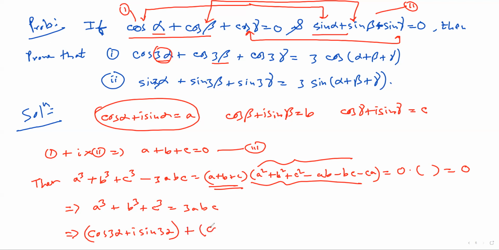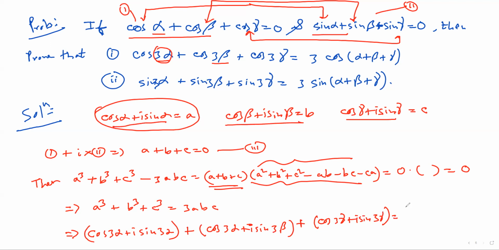Then B cube is cos thrice beta plus i sine thrice beta. And finally, C cube is cos thrice gamma plus i sine thrice gamma. And the right hand side is basically the product of ABC times 3.